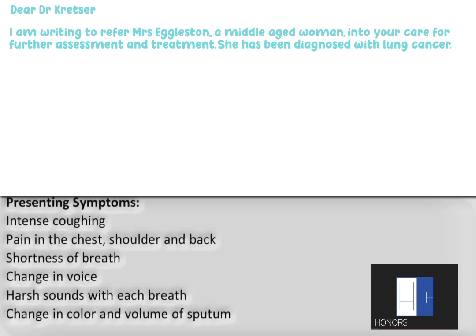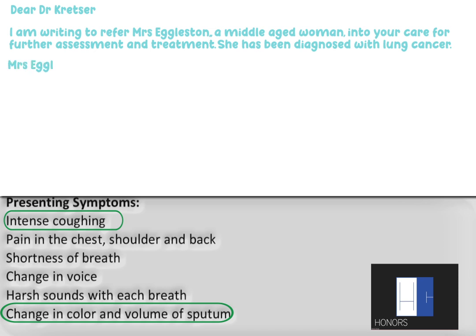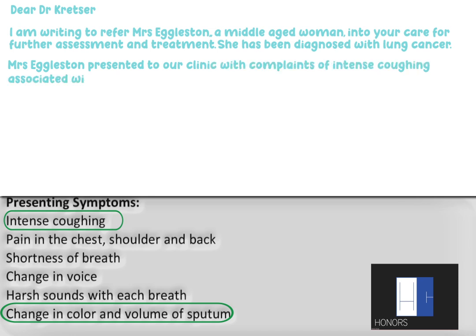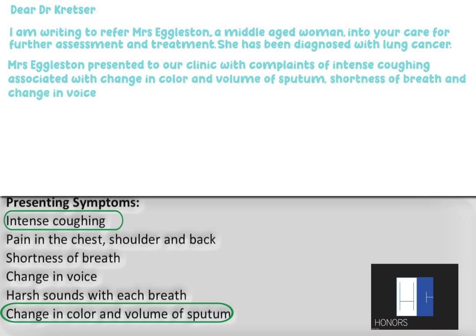Alright, so what we can do, the intense coughing and change in color and volume of sputum, we can write these two things together. Mrs. Eaglestone presented to the clinic with complaints of intense coughing associated with change in color and volume of sputum, comma, shortness of breath and change in voice.